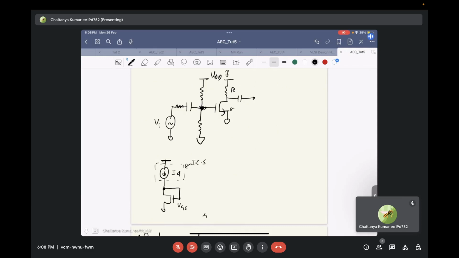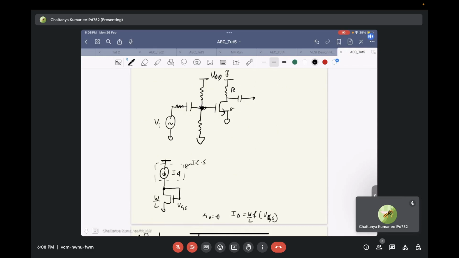Now this diode connected transistor develops some VGS. If the output resistance of this diode connected transistor is infinity, we know that ID is just a function of VGS of the diode connected transistor, multiplied by its aspect ratio.